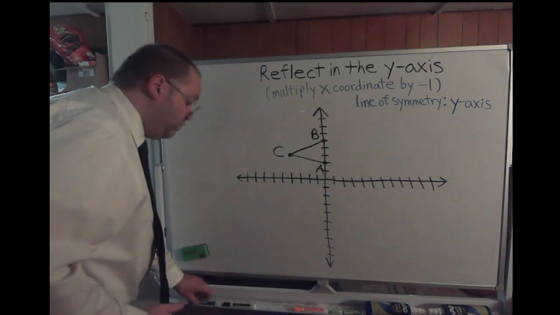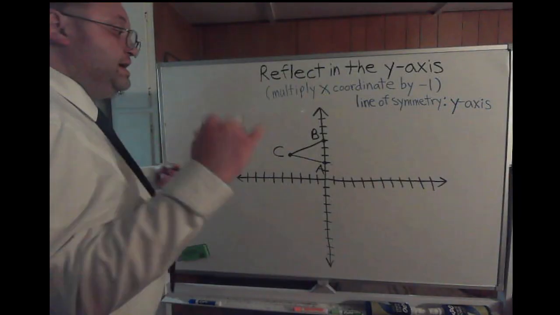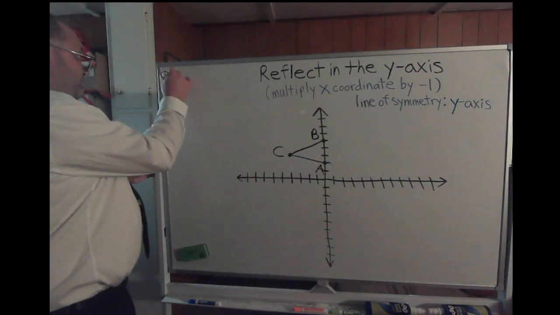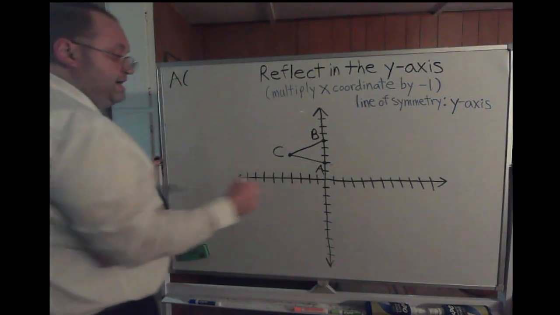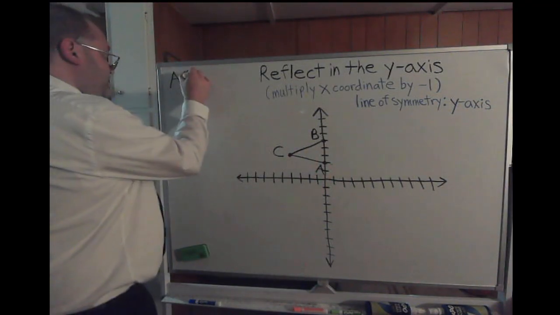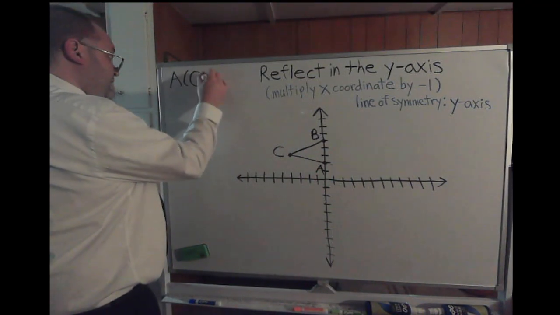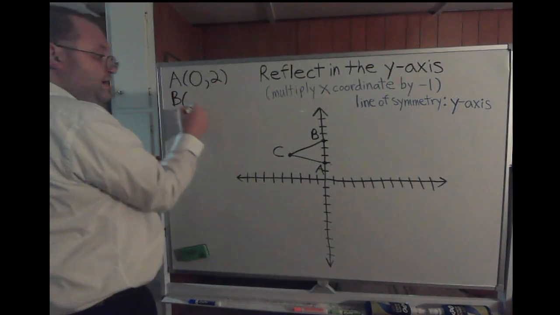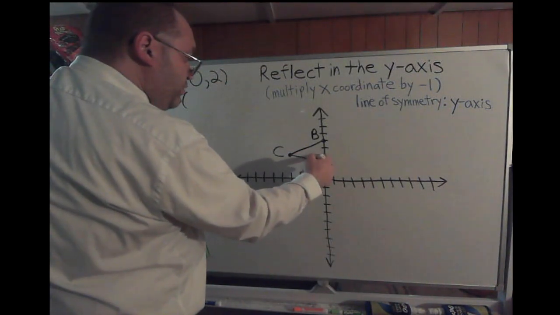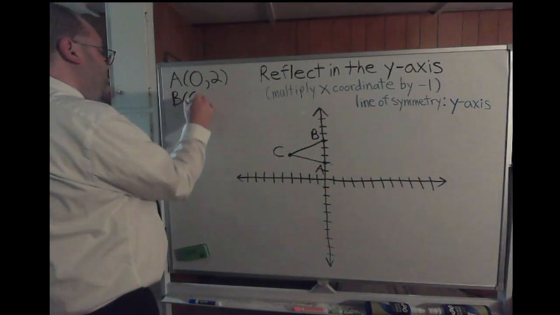So what you're going to do, once again, before you do anything, list your original coordinates of the points. Coordinate A is at 0, 2. Coordinate B is at 0, 5.